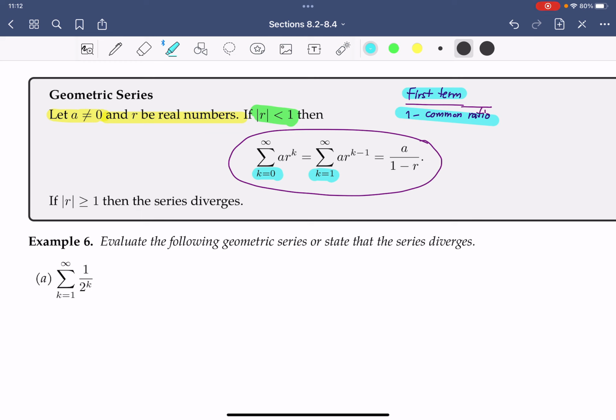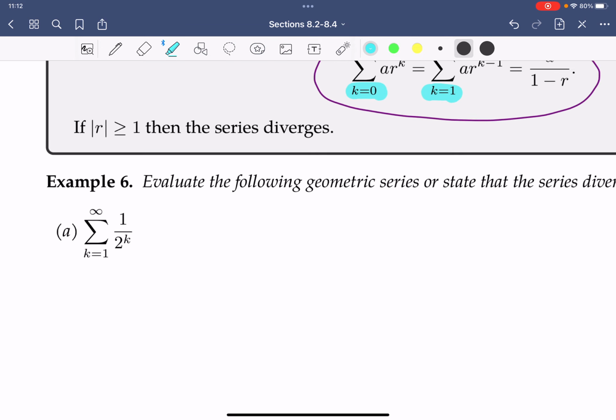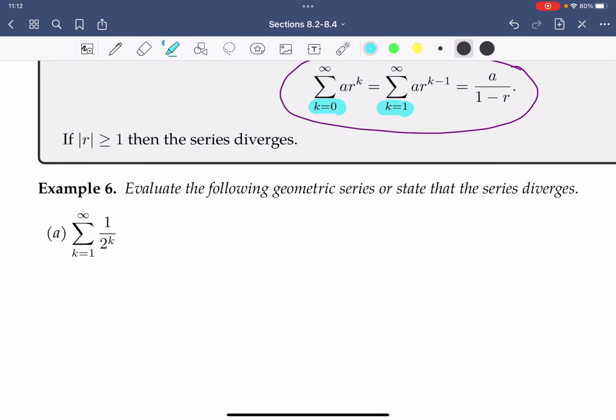So let's start with example 6 here. Summation of 1 over 2 to the k, k starting from 1 to infinity. This is actually a geometric series, where a subscript 1, the first term, is 1/2.